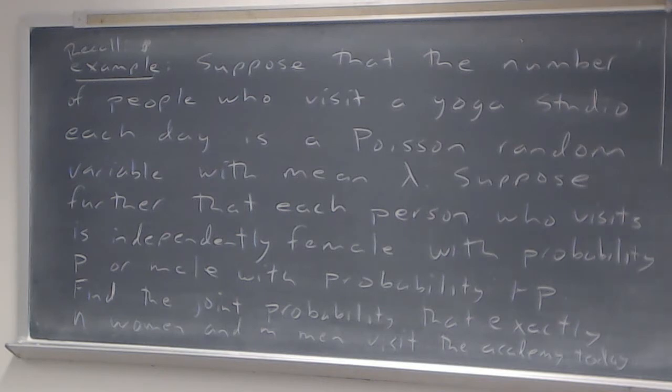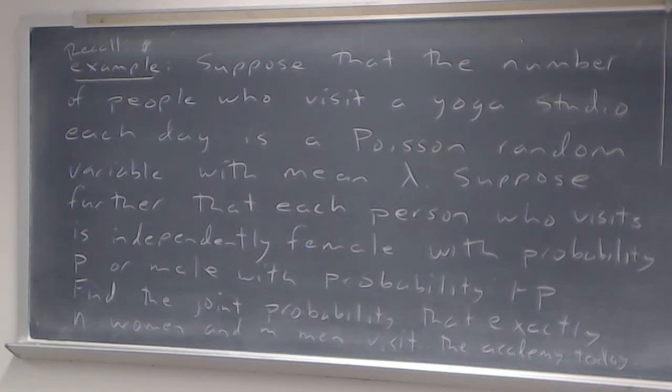What we mean by the independence is that once one person comes in, that doesn't affect the likelihood of the sex of the next person that follows. We're asked to find the joint probability that exactly N women and M men visit the academy on a specific day.